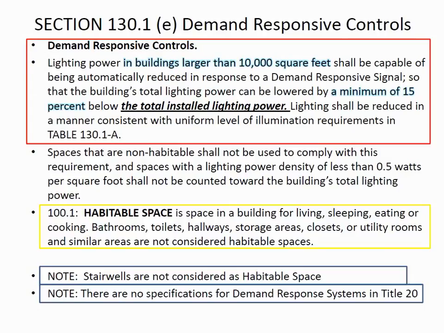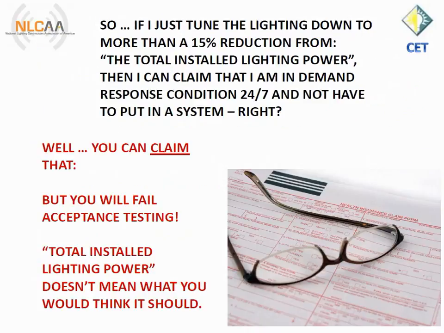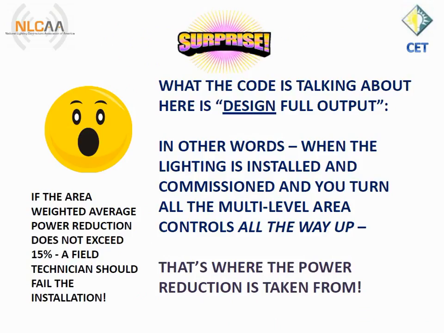So this would lead you to believe that you could simply tune down the lighting in a building, turn it down by 15% below its fully installed lighting power, and you could claim you're in demand response all the time. You can't do that. You will fail acceptance testing. Okay, and we're going to take a quick look at this. Surprise! What the code is talking about is design full output, okay?